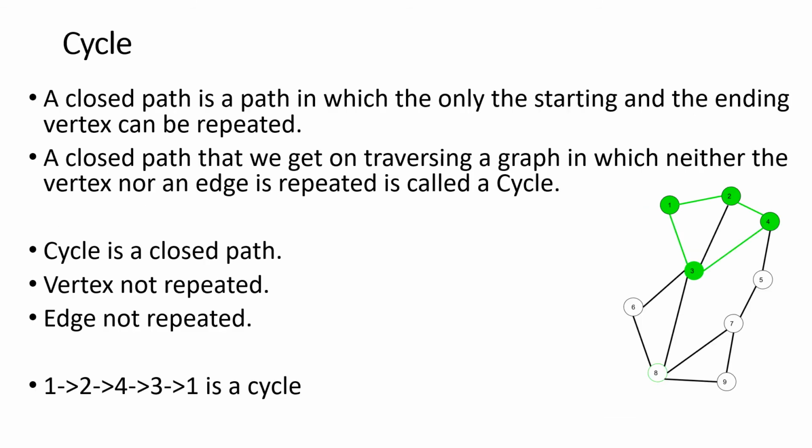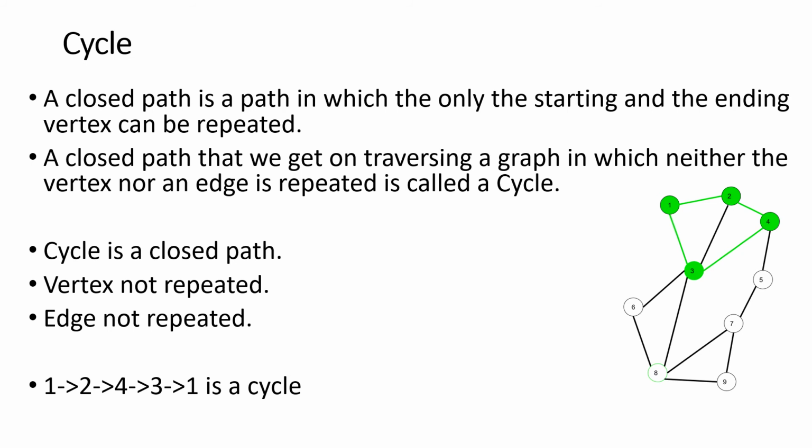Before defining a cycle, we will first see what is a closed path. We have already seen that a path is a trail in which neither the vertex nor the edge can be repeated. But a closed path is a path in which only the starting and the ending vertex can be repeated, or they will be same.